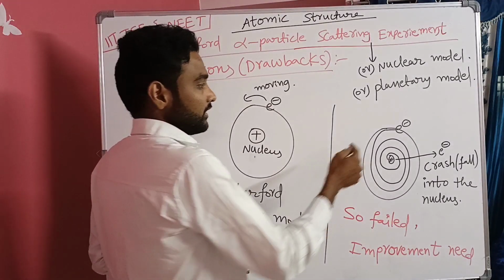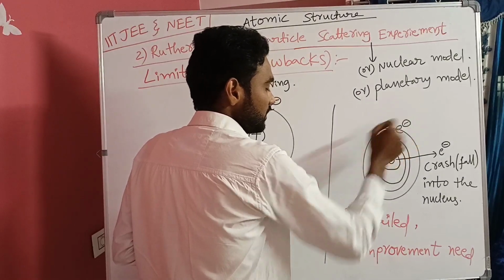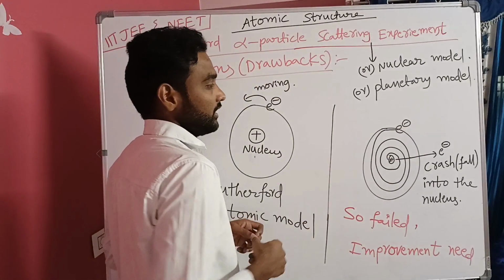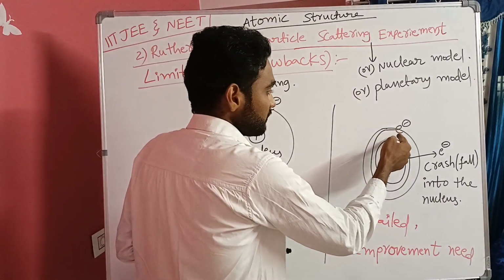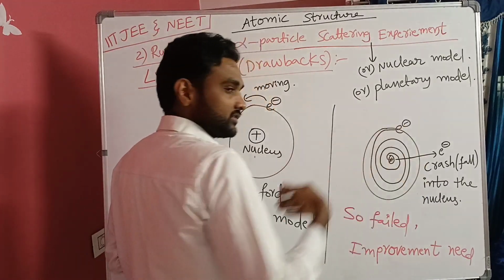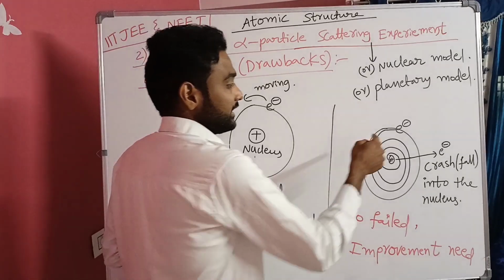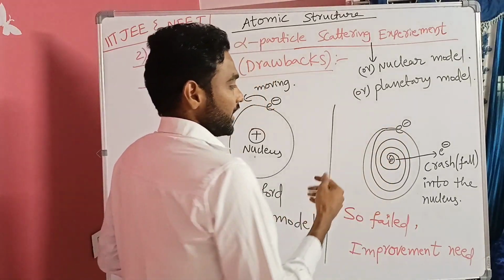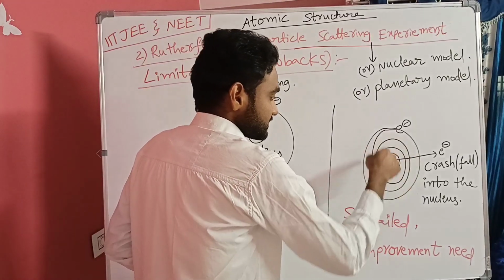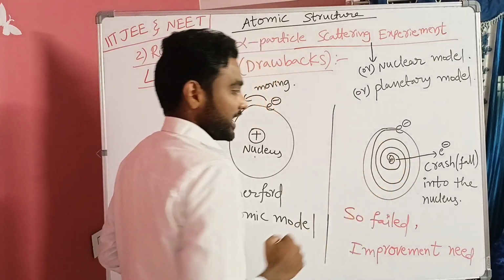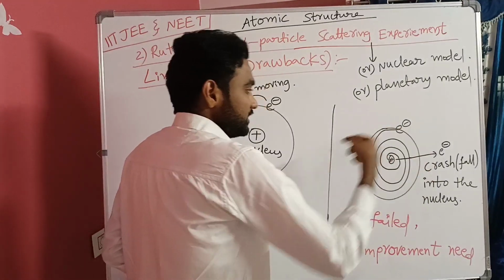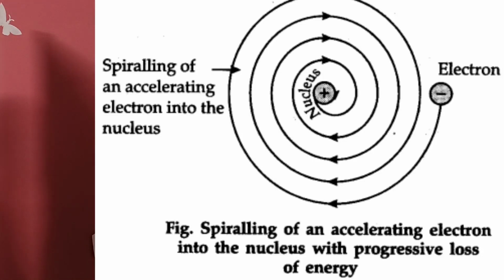According to physics, when a moving particle continuously moves, it will continuously lose energy and finally crash into the nucleus in a spiral path.